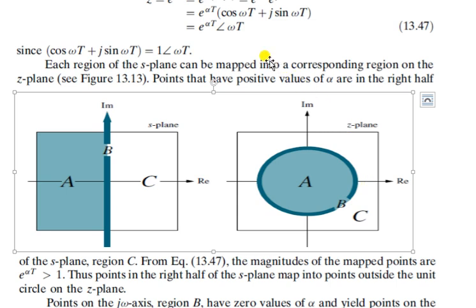Similarly, by choosing the other values of the alpha, say for the negative value of alpha, you will be in the S plane at the left hand side, but in the Z plane, you will be inside the unit circle. And for the alpha equal to 0, you will be at the marginal axis, and for the Z plane, you will be on the unit circle.